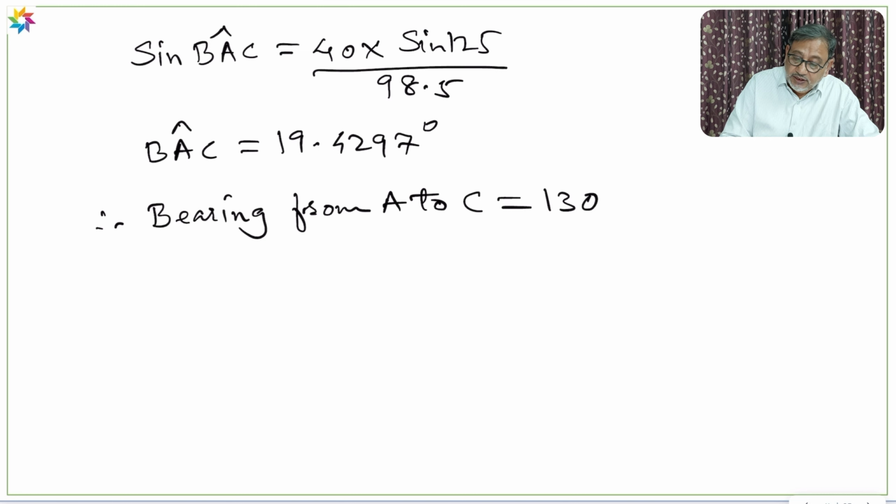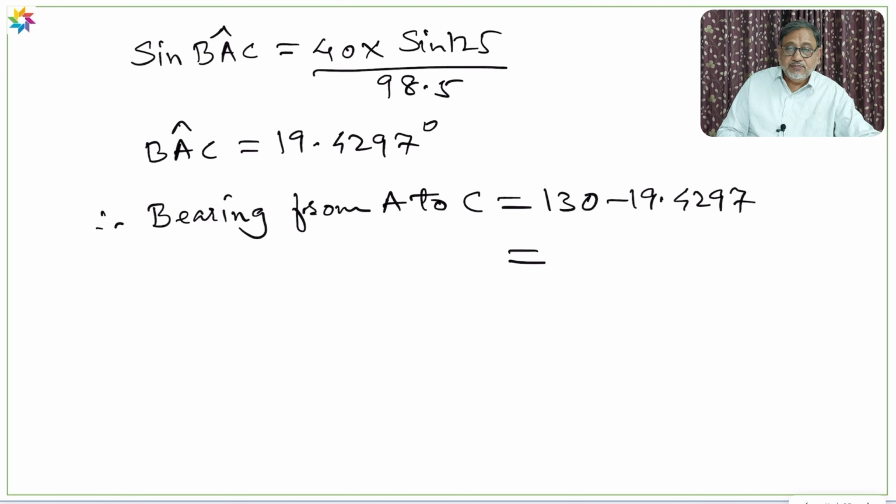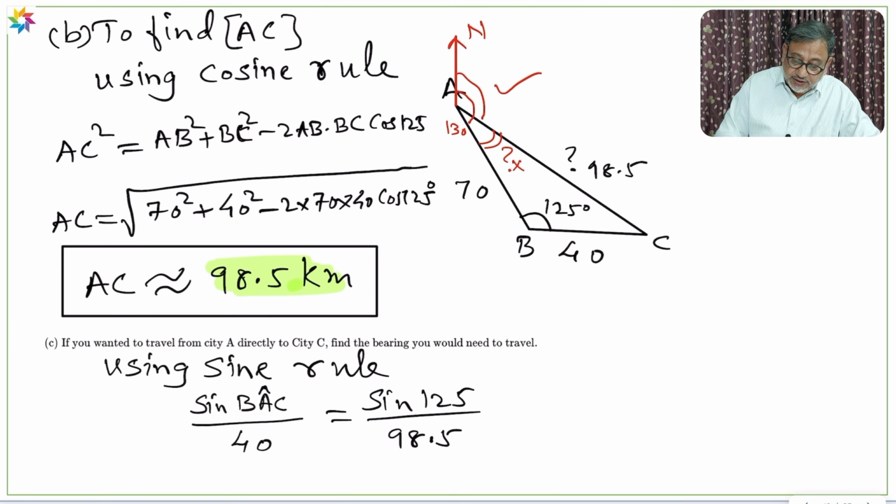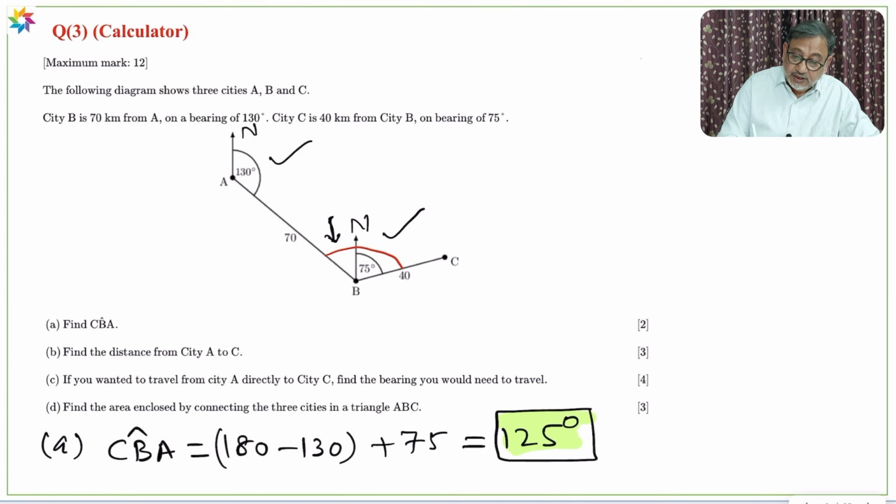So 130 minus 19.4297, but I will need a 3-digit bearing. So 130 minus 19, 20 and 11 will remain, so 111. This is the bearing, right? Now the next part I will need. C I have done. D I will need.